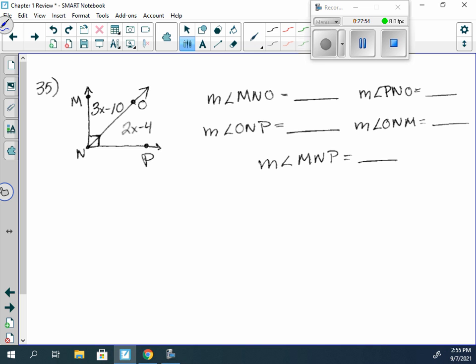The two angles will add together to be 90. Even though there is more than one answer that you're filling in, it's not really that many, because M in O is the same as O in M. They're the same angle. Yeah, you put the same thing.